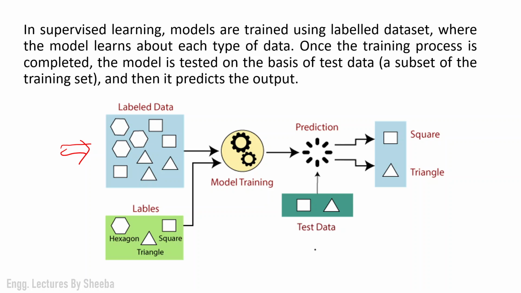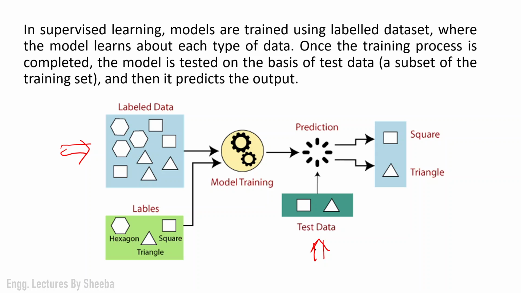Once the model is trained, we use the remaining data from the given data set, which is called the test data set, to check whether the model's prediction is proper or not.